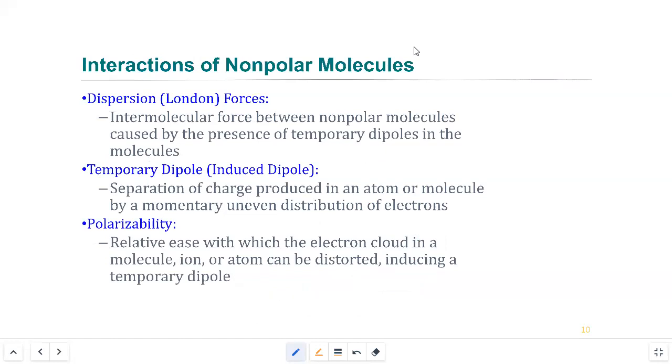Let's look at the nonpolar interactions. First and foremost on this list of nonpolar interactions are the dispersion forces, also known as the London dispersion forces.